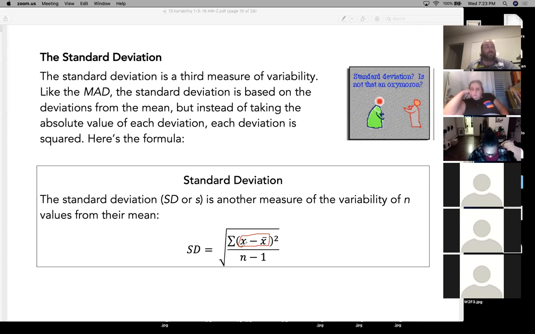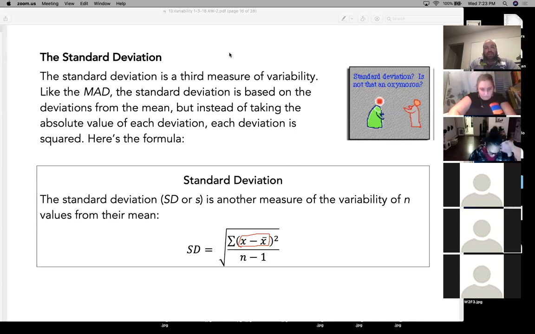That would give you 32. Then you would divide by 8 because there are 9 data points, so you divide by 8. That would give you 4. And then you would take the square root, which would give you 2. At the very, very end, you take the square root.